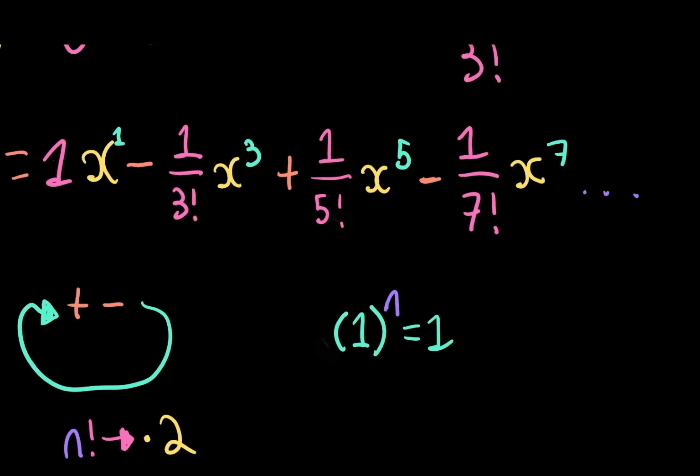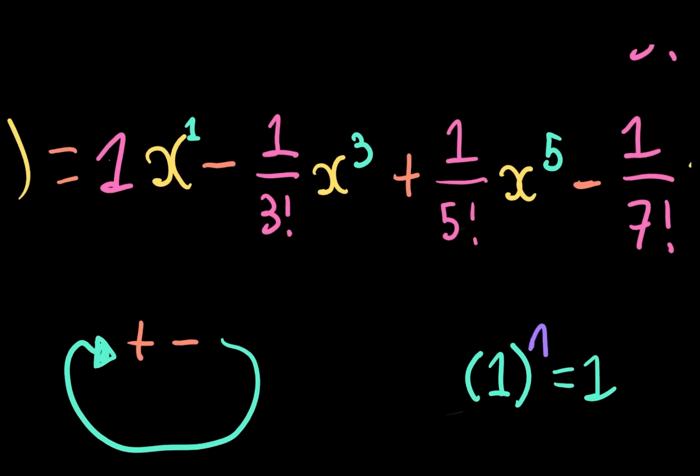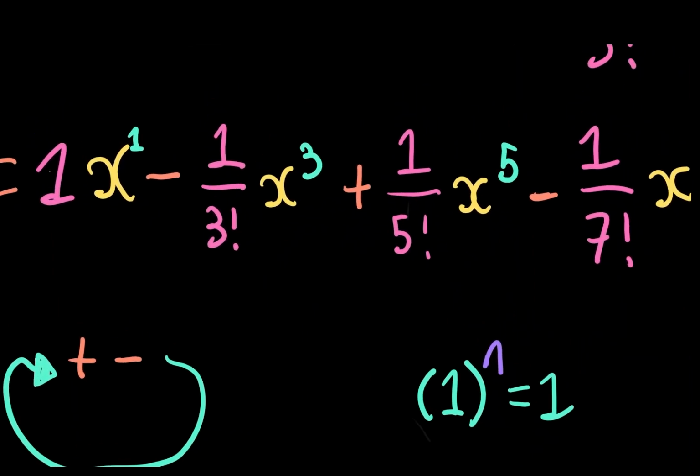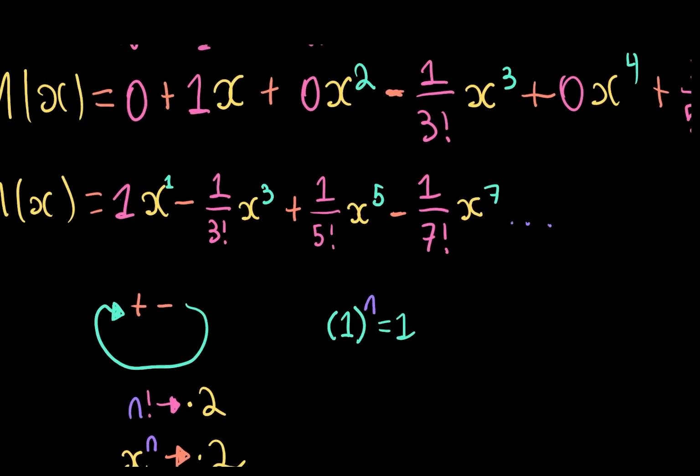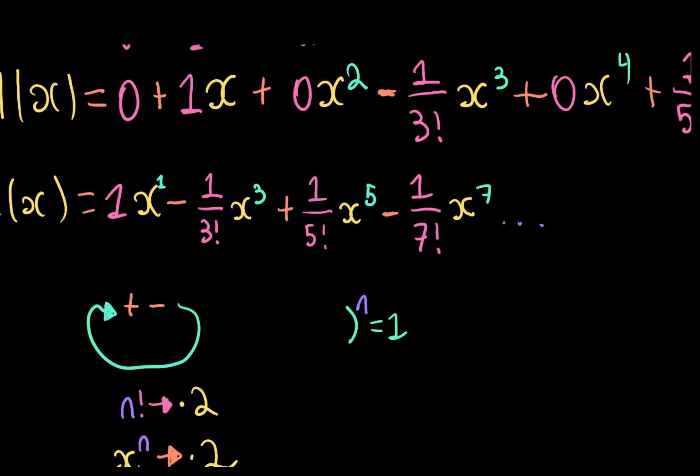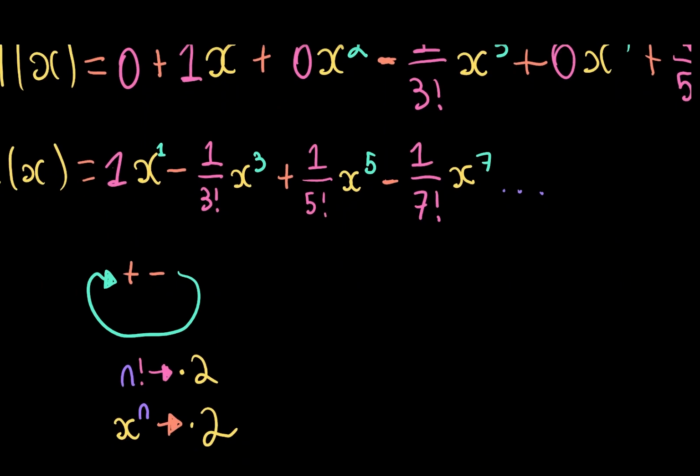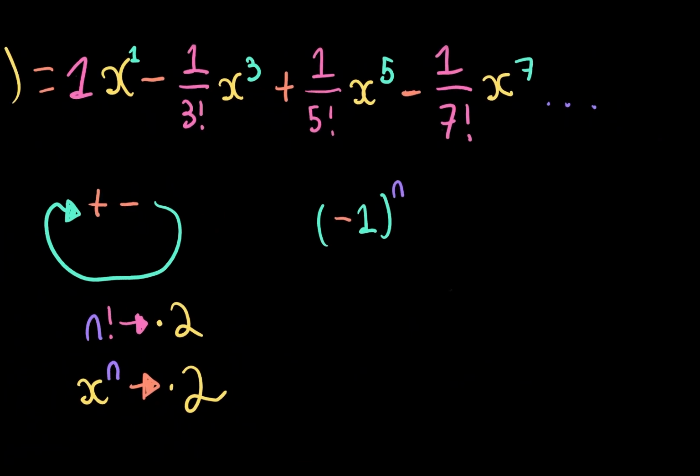So that can be used here because we don't want there to be any coefficients. Now this might be confusing, but let's just add a negative in front of the 1 here. So now consider negative 1 to the power of n. And now something neat happens.